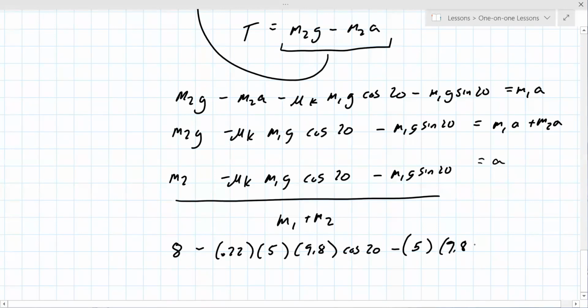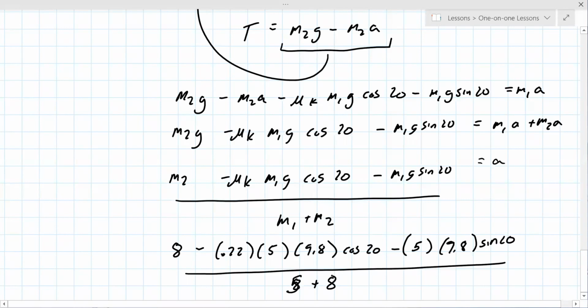Now I can do acceleration equals 8 minus, is that 0.22? Yep. Cosine 20 minus sine 20, divided by 5 plus 8, the other masses. All right, let's see if I can put this into the calculator correctly. Yeah, that's part of the challenge here.